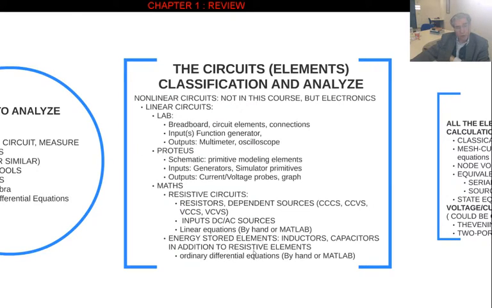So for those types of circuit analysis, we use ordinary differential equations. Two different tools, linear algebraic equations and ordinary differential equations, are what we use mathematically in order to analyze a circuit.